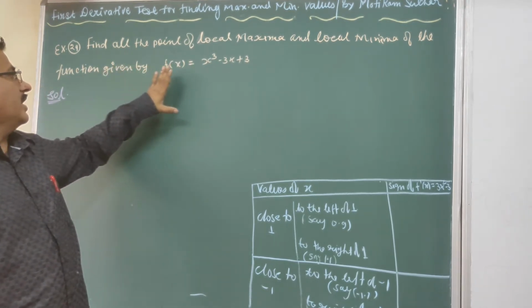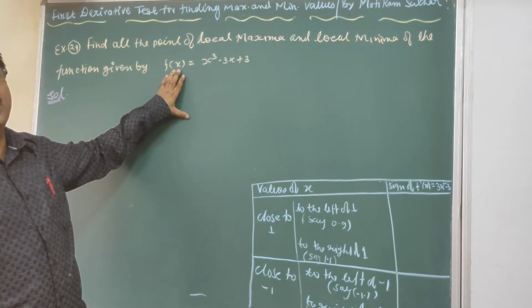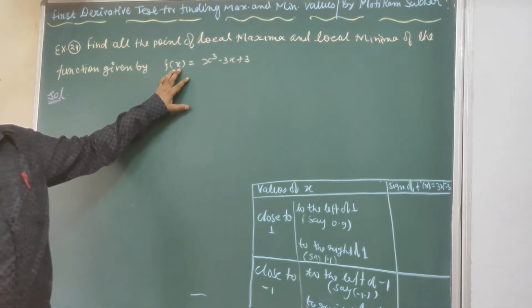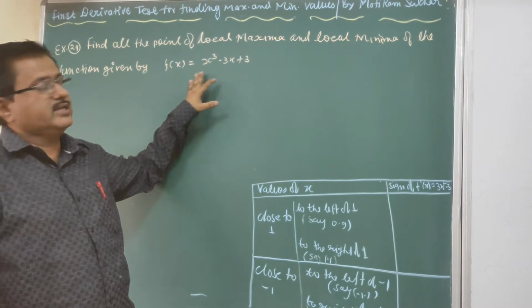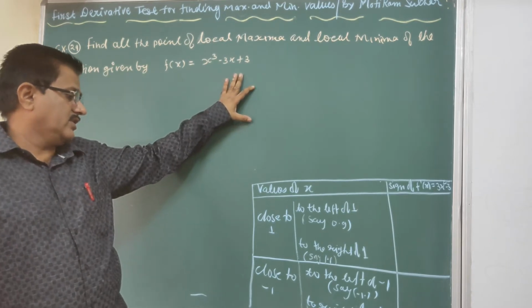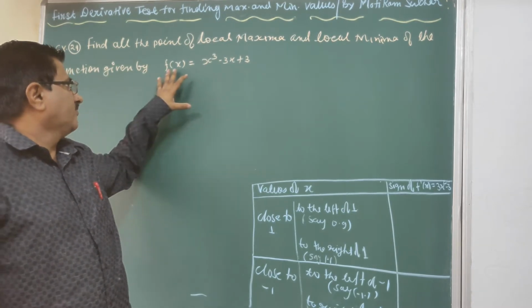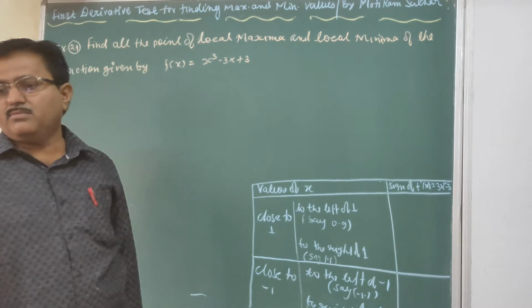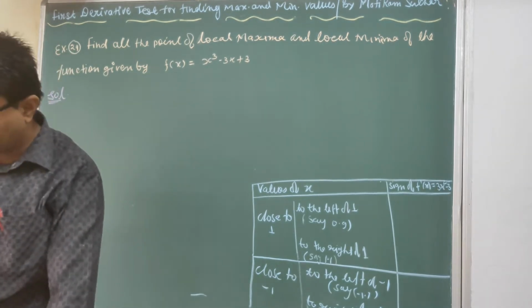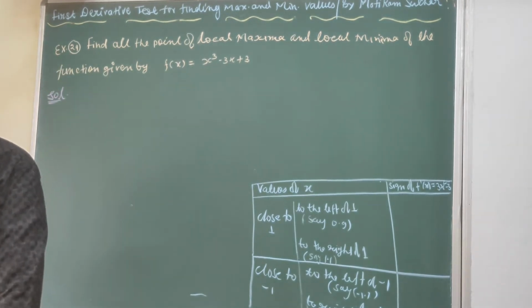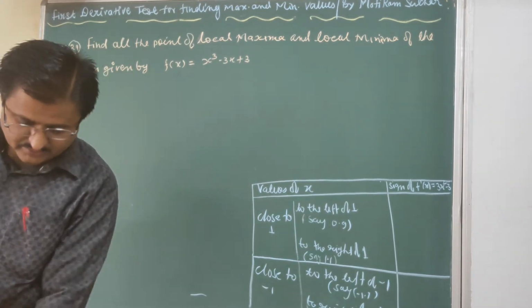And when the sign of the derivative changes from negative to positive as x is increasing, then the function has the local minimum value. So we have to practically check how we can use this derivative test.